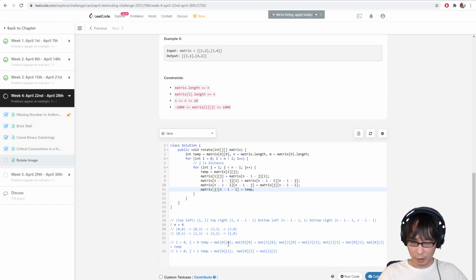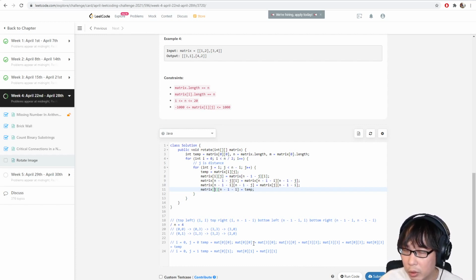Okay, now I can't type. Okay, let's check. So matrix 3, 0. So the 0, 0, which is I, will become the n minus 1, which is 3 minus I. Okay, I think the first is right.